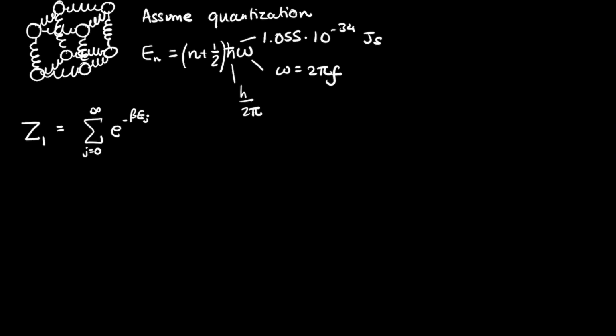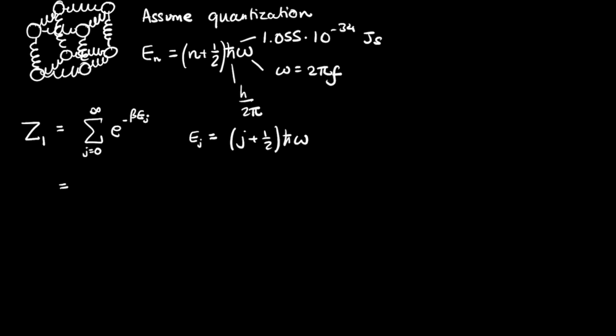So what are our Ej's? Well, I've used n here, but in this case j is our summation index, so I'll just rewrite this as j. Ej is (j plus 1/2) h bar omega. So all I've done is change the dummy index from n to j. N and j don't really mean anything, they're just integers which are being summed over.